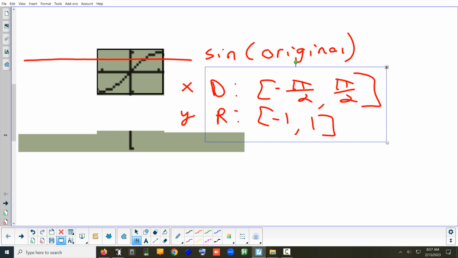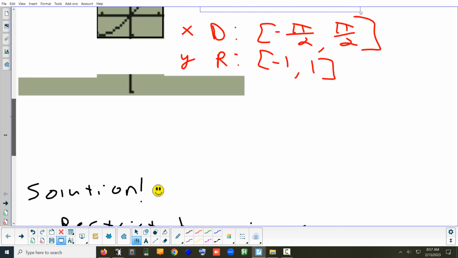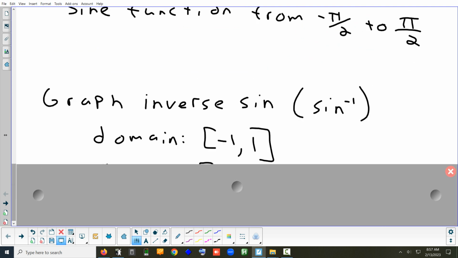And we just said that if you know something about the original, you switch the X's and the Y's to figure out the inverse. So what do you think is going to happen to the domain and the range here when we talk about inverse sine? Yep. They're going to switch. So here, notice it says domain, negative pi over 2 to pi over 2, range, negative 1 to 1.